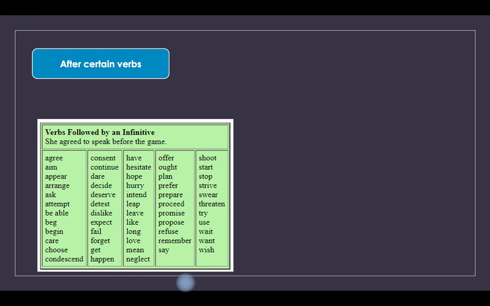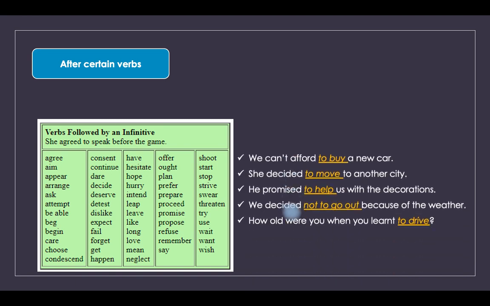You can find the list of the verbs online in different course books. So these verbs are available everywhere. The best way, again, to remember them is to use them, to practice using those verbs in your speech.